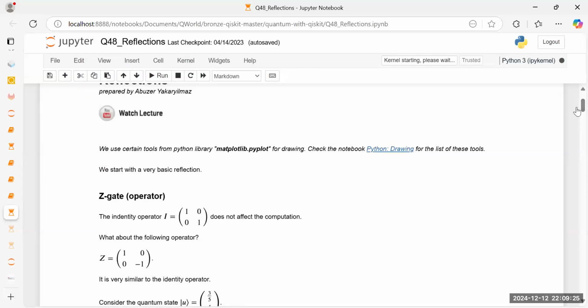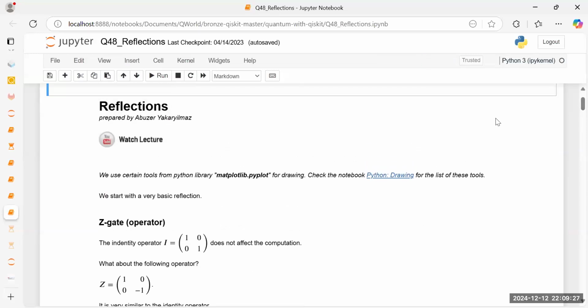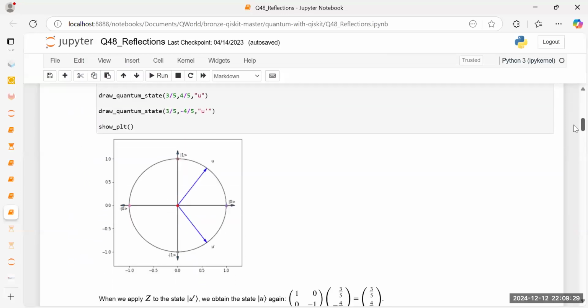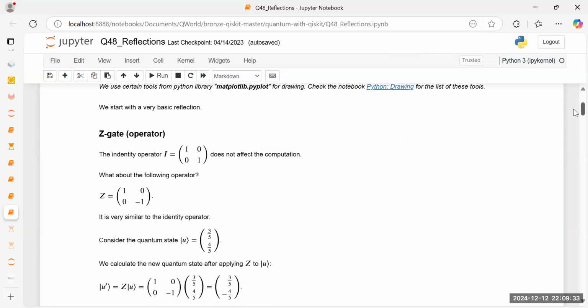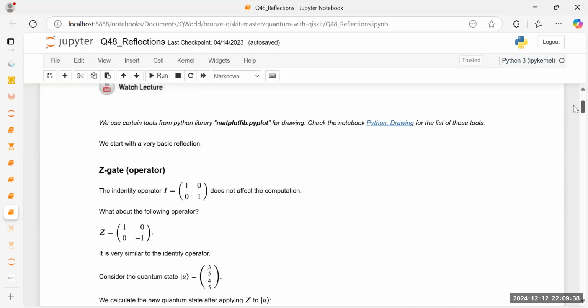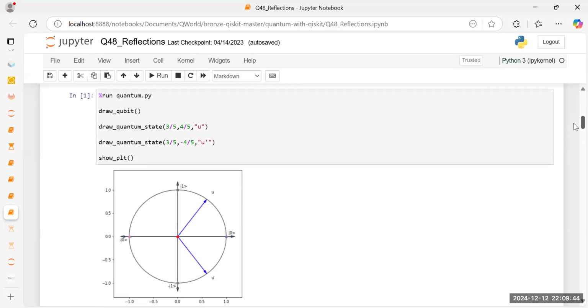Then we moved on to reflections on the unit circle. We introduced an operator here, the Z operator, and we tried applying it to a quantum state that we are visualizing on the unit circle.